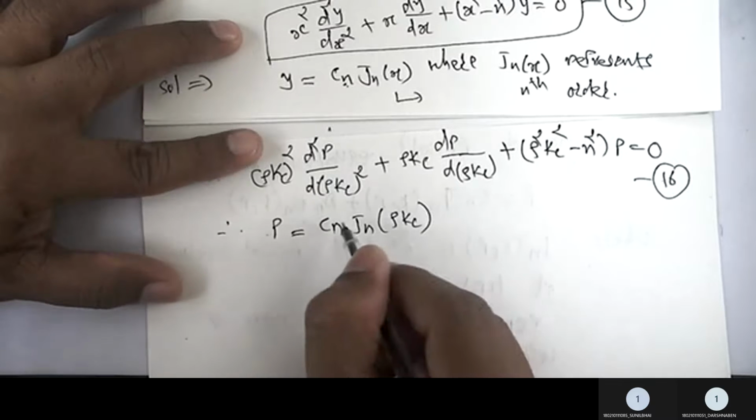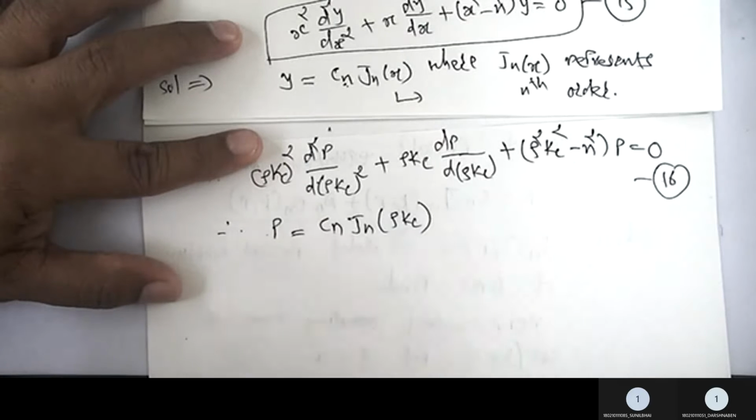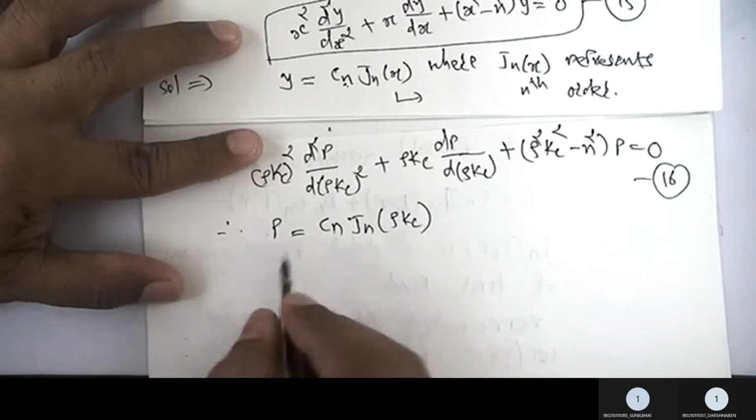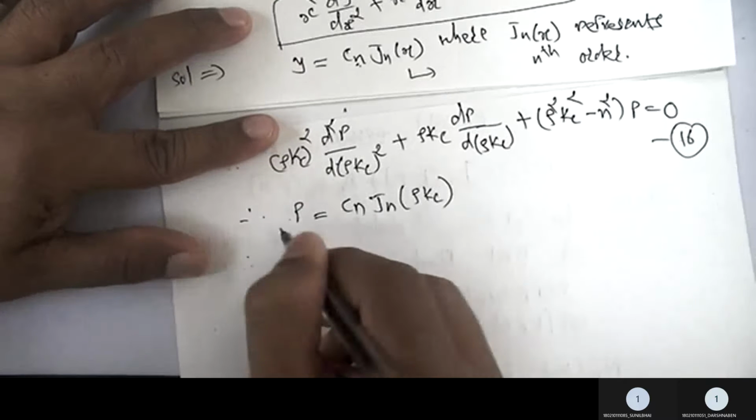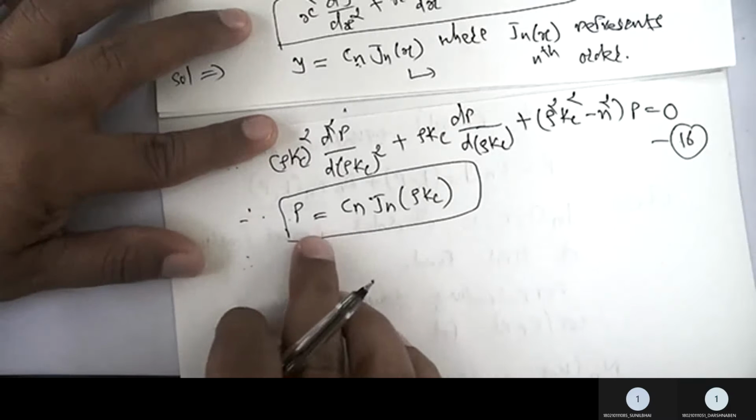So I now have p equal to c_n J_n(rho k_c), and this is one of our functions and its solution.